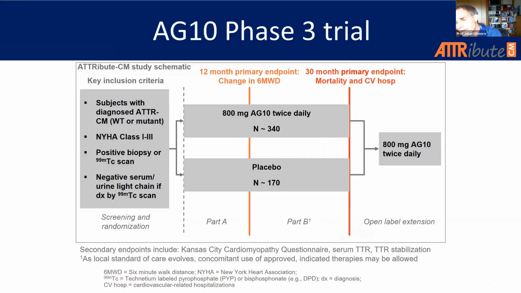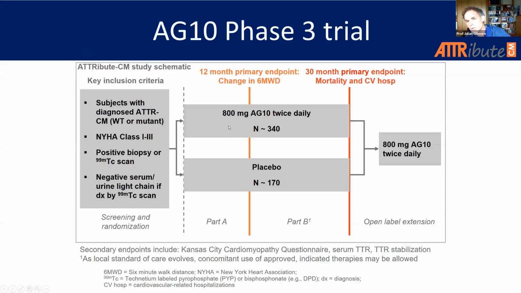This new drug, AG10, is a similar drug in that it stabilizes TTR. It's made by a company called Eidos, and they are currently performing a clinical trial, which is very similar in terms of its design to the study that I just showed you, the Tafamidis trial called the ATTRACT trial, in which they randomize patients to either AG10 or placebo in a ratio of 2 to 1.